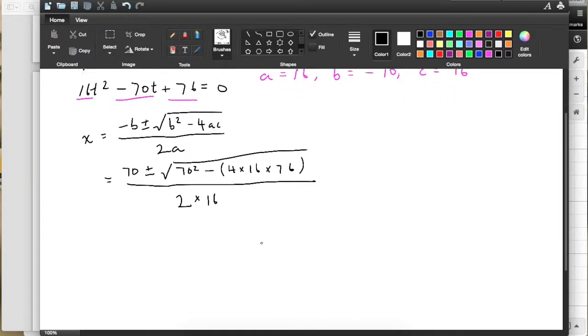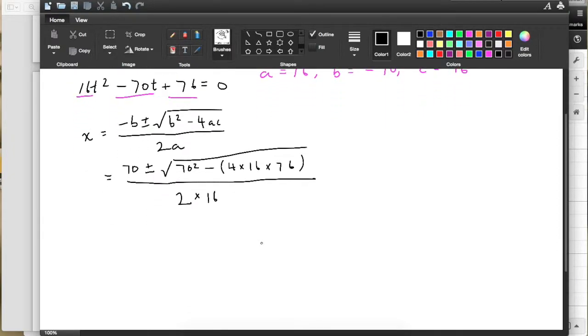Again, you can simplify that if you want to. I'm just going to go ahead and put it straight into my calculator. And what I get are two results, one for the positive and one for the negative. So my first result is x equals 2. And the second result is x equals 2.375.